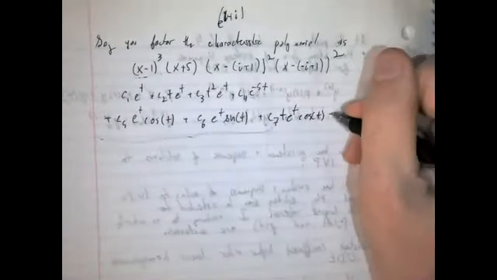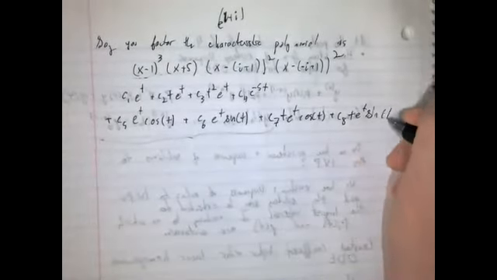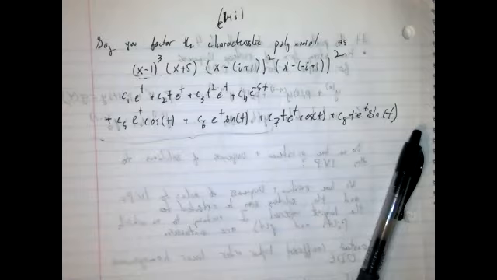Yep. And C8 t e to the t sine of t. Very good. Did everyone get this? Okay. If anyone has any questions about how we produce this general solution from this polynomial, you should ask me now, because otherwise I'm going to move on to chapter 7.